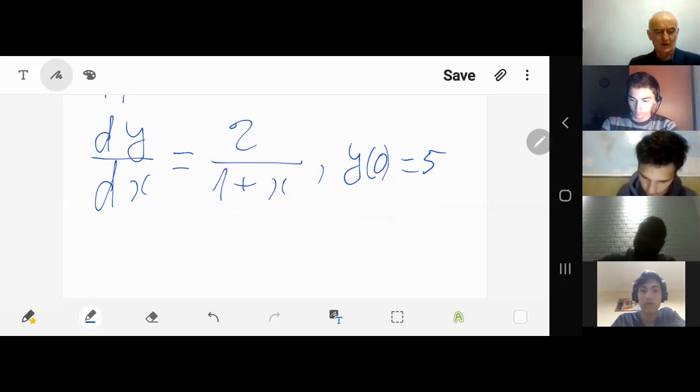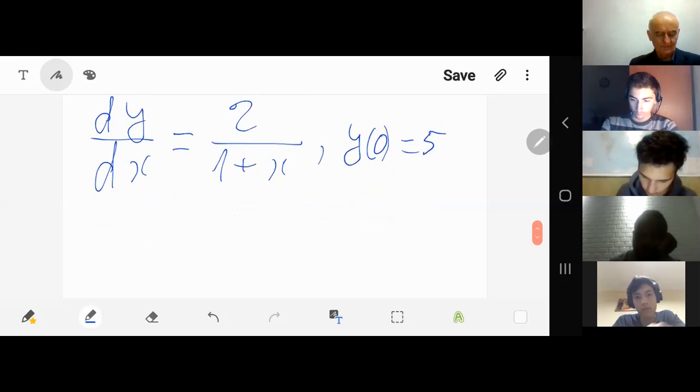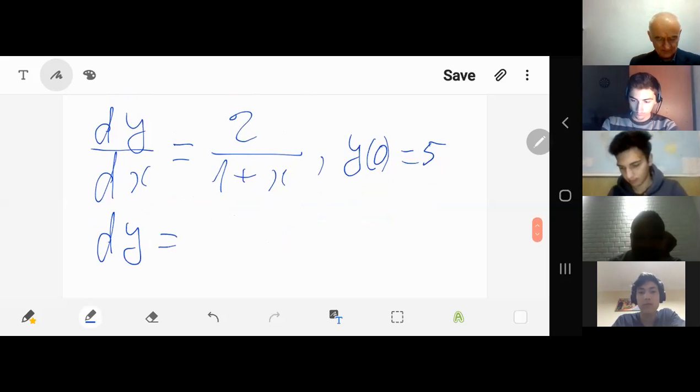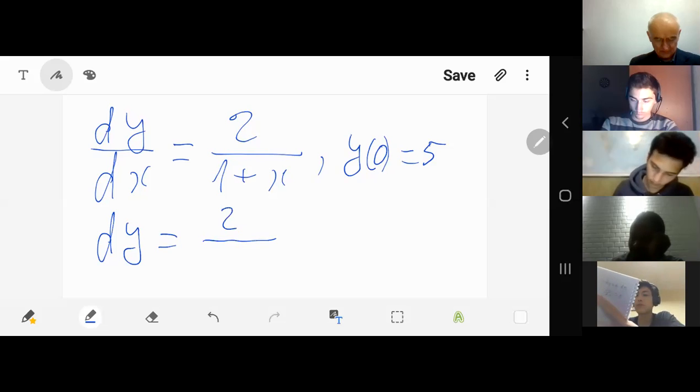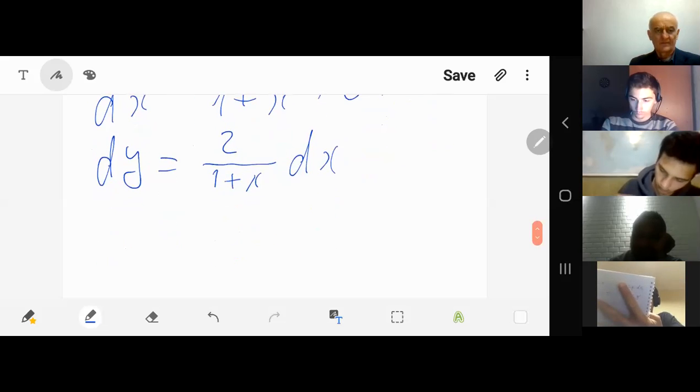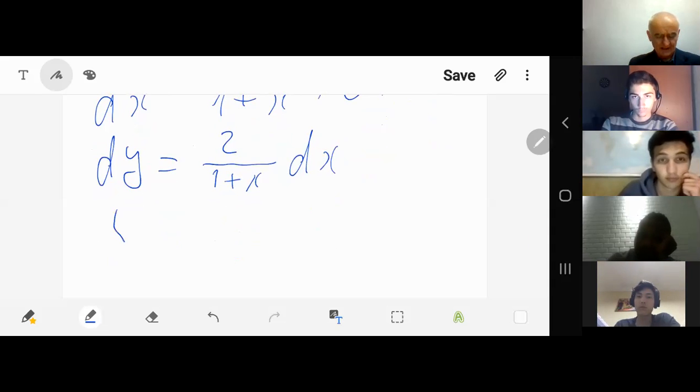Let's start to solve. Now I will take the integral from both sides.